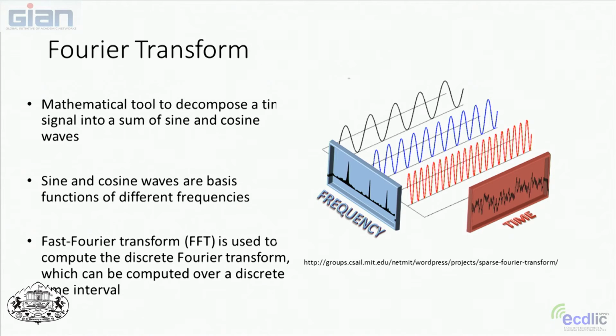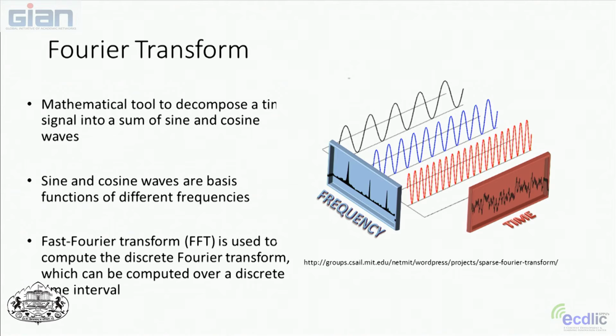And if you take the frequencies of those waves and put them on the axis here that you see in blue, then you can represent this time signal by a frequency estimation of what it looks like. So again, it's just basically breaking your signal down into sums of sines and cosine waves and showing a picture of what those sums look like on the frequency axis.